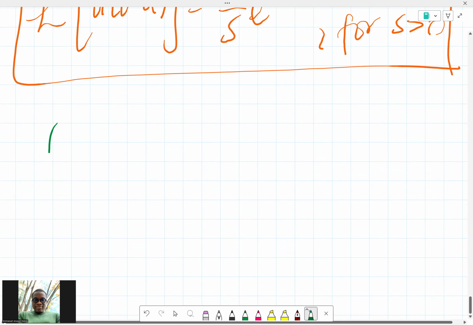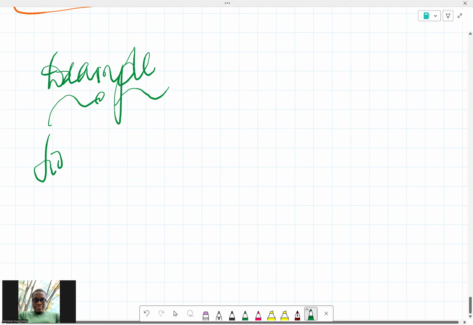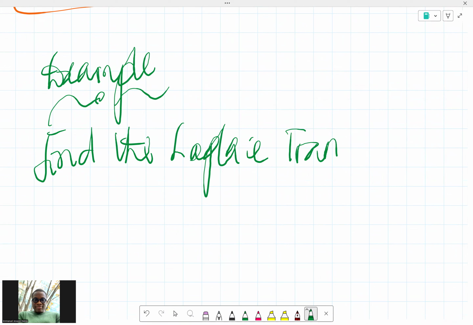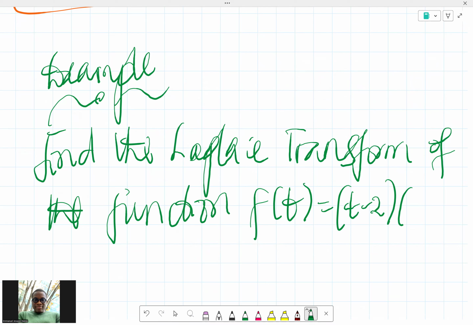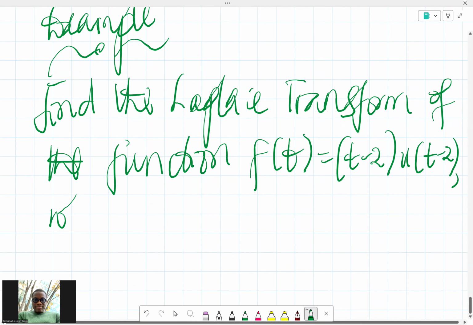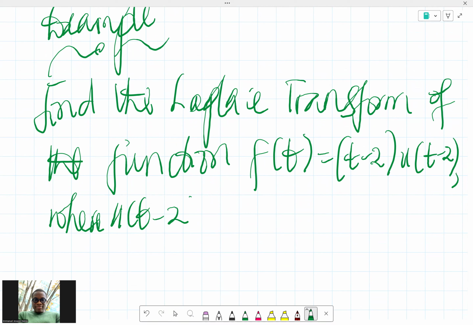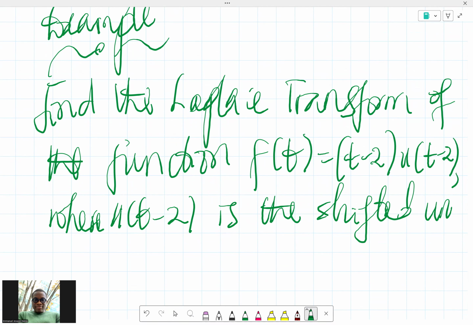Find the Laplace transform of the function f of t equals t minus 2 into u of t minus 2, where u of t minus 2 is the shifted unit step function.